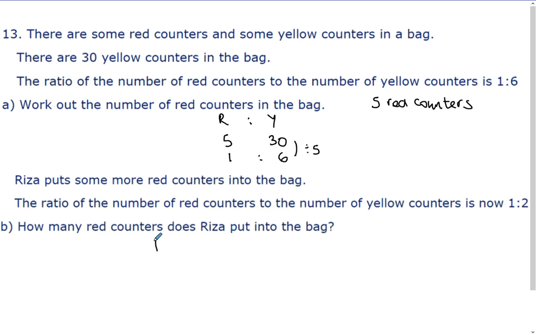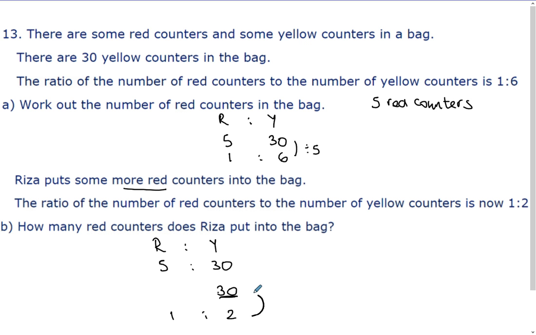Okay, so we started off with 5 and 30, and we're only putting red counters, so that means yellow will still stay 30. So that will be constant, and it's going to be 1 to 2.